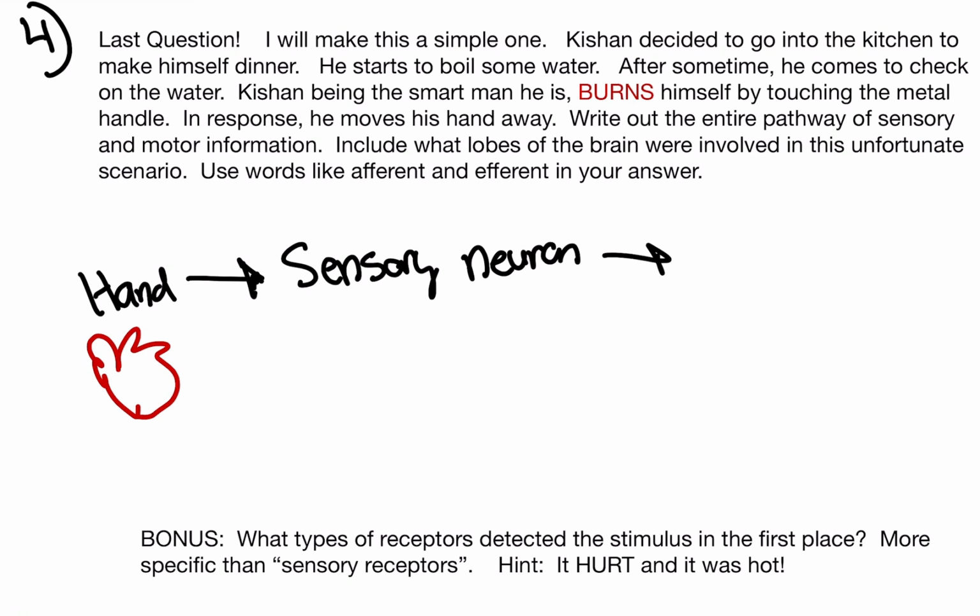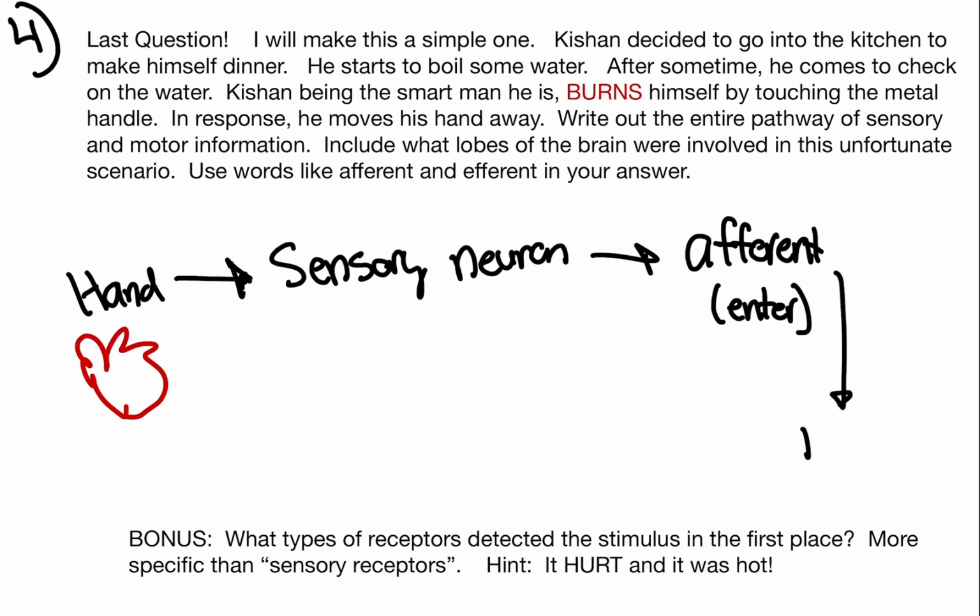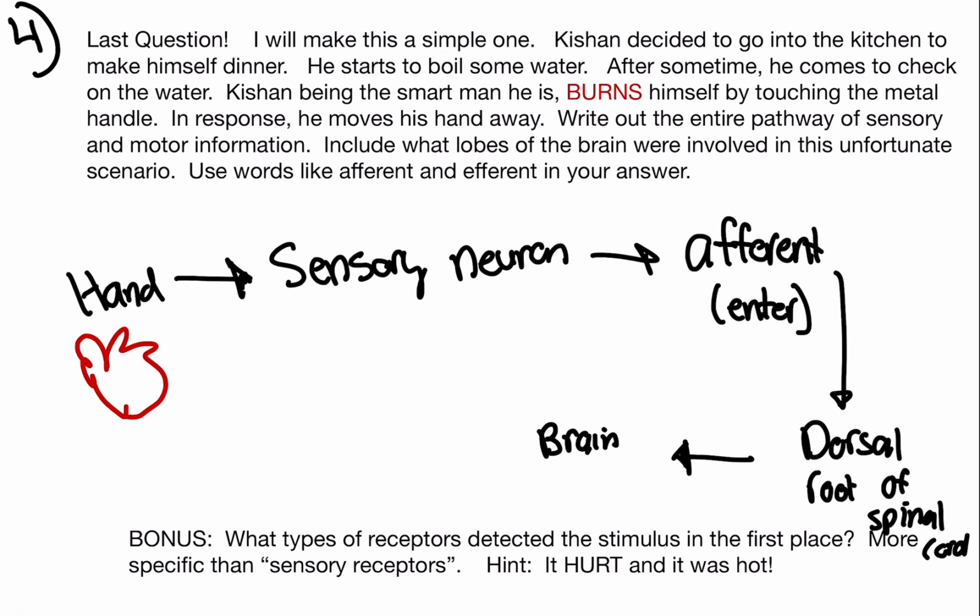It's going to enter, or afferent, which is enter, the dorsal side of the spinal cord, or dorsal root of the spinal cord. Then we go to the brain. Then it becomes a motor neuron. Don't worry, I didn't forget the lobes.